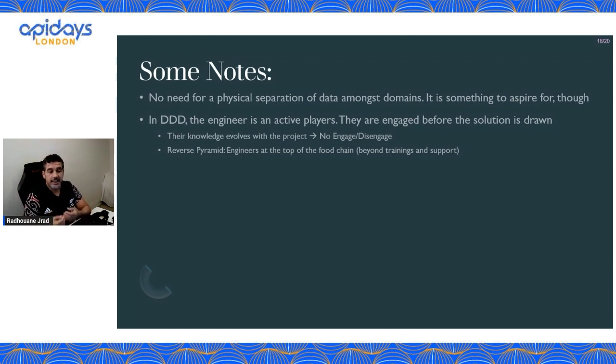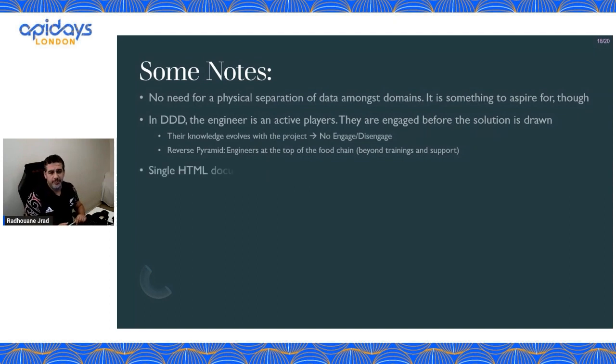Them understanding what that domain does and does not do, and how it functions, makes sure that they can make quick decisions. You can't call on the architects for everything. They are empowered. So it's not engage, disengage. Here they are engaged from the beginning. They are part of the solution. They understand why, and then in the meetings and the stand-ups, they are quite quick to highlight what could be done better and what not.